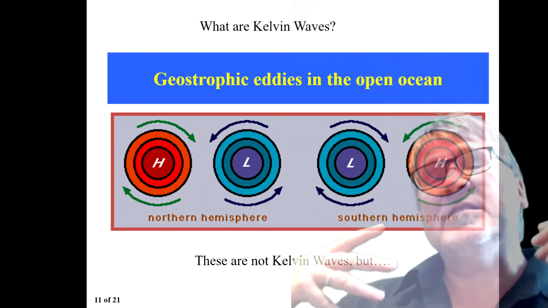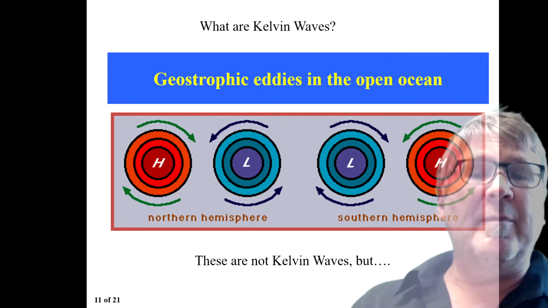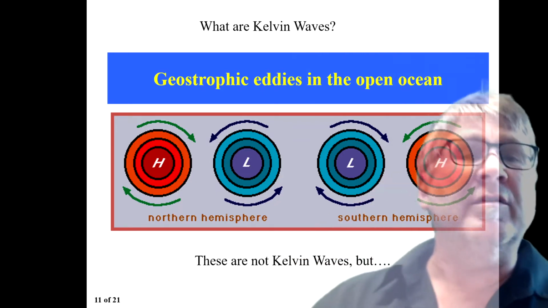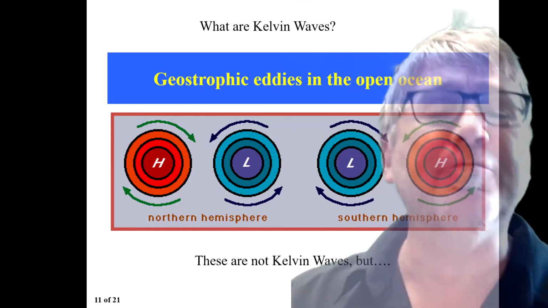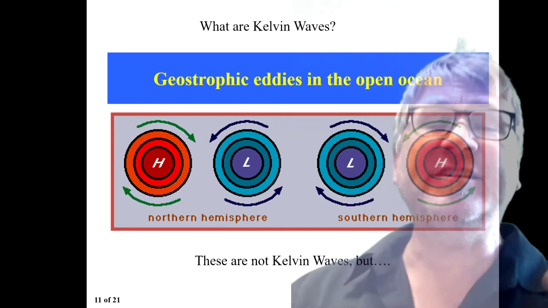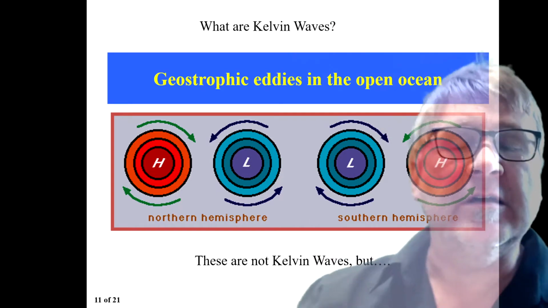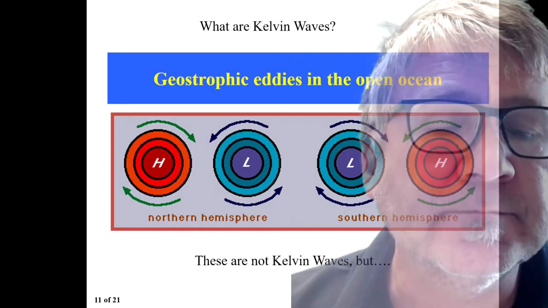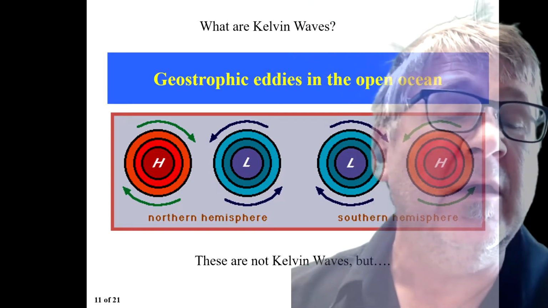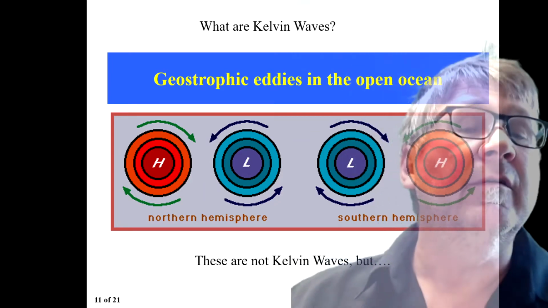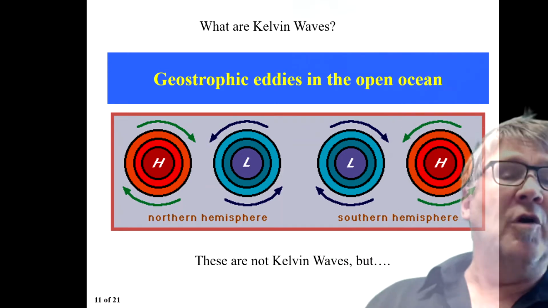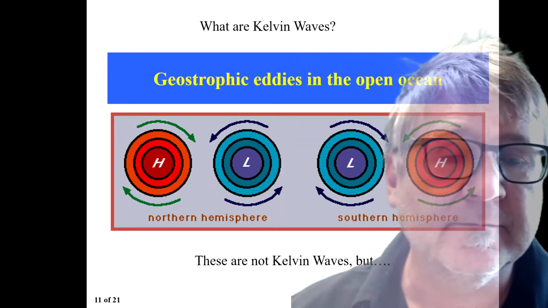So geostrophic eddies are features whereby the currents, the geostrophic currents, run around centers of either high pressure, called H, or low pressure, called L. And the direction of these currents differs from the northern to the southern hemisphere.